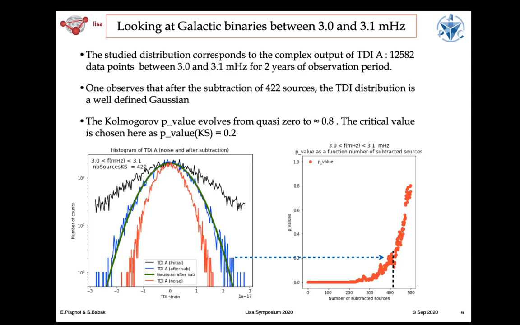So that is meant to indicate that already for a value of 0.2, the blue distribution function here is a well-behaved Gaussian.